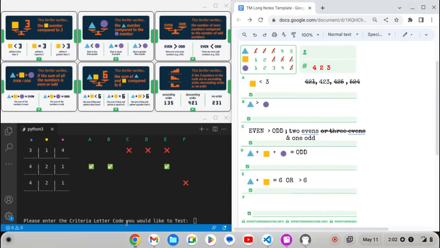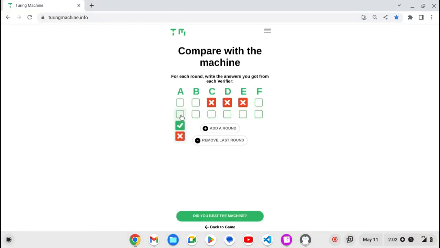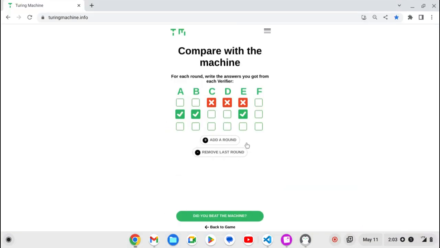And those were A, B, and E. A, B, and E. And D. And then finally we tested, what was it? F, and it was wrong. But remember, just because it's wrong doesn't mean it's bad. It does help us eliminate a possibility.